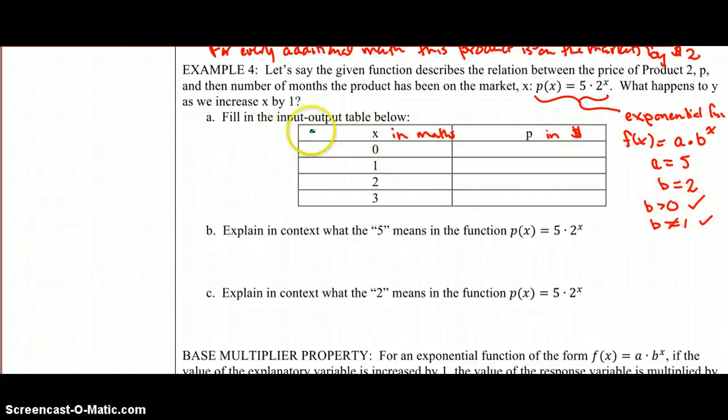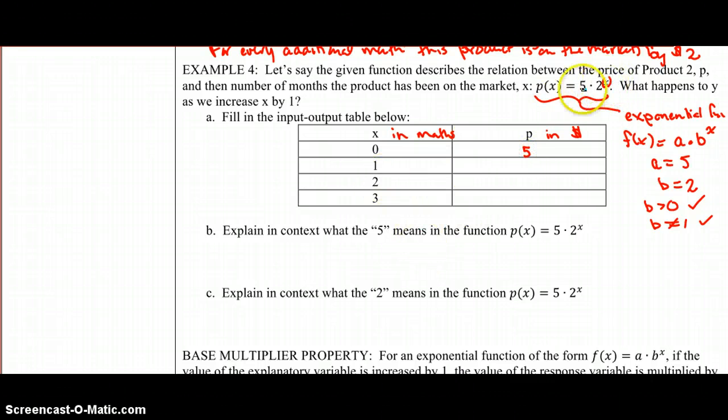All right, now if we fill in our input-output table for this particular function, when we substitute 0 for x, again we're going to put parentheses in that exponent before we substitute. From the last lecture, we know that 2 to the 0 was 1, times 5 gives us 5.